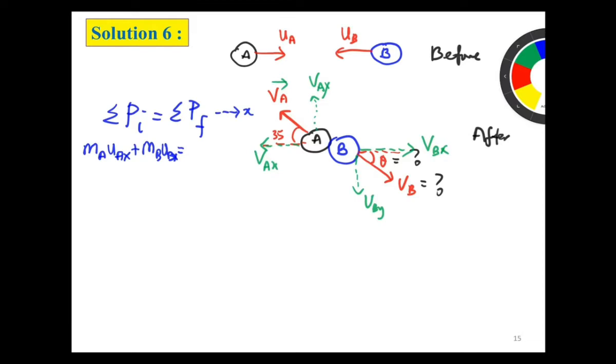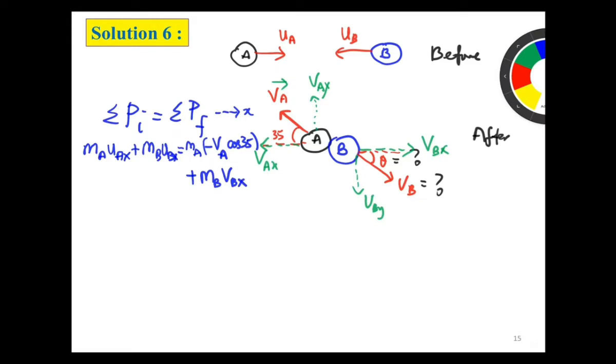A untuk X. Okay, so kita ada mass A darab dengan VAX ke kiri, to the left, negative VA cos 35. And then kita plus dengan MB VBX sahaja.